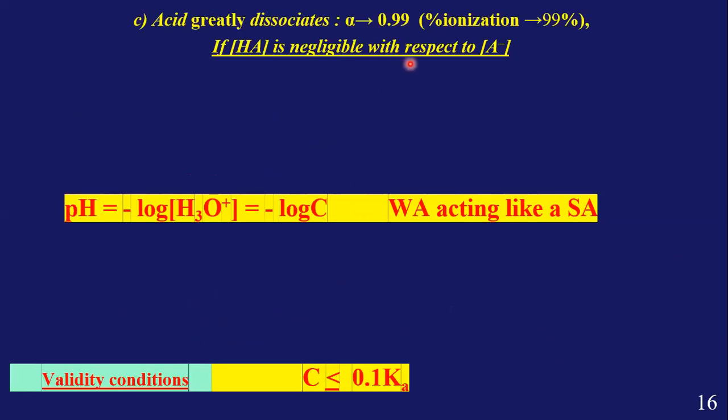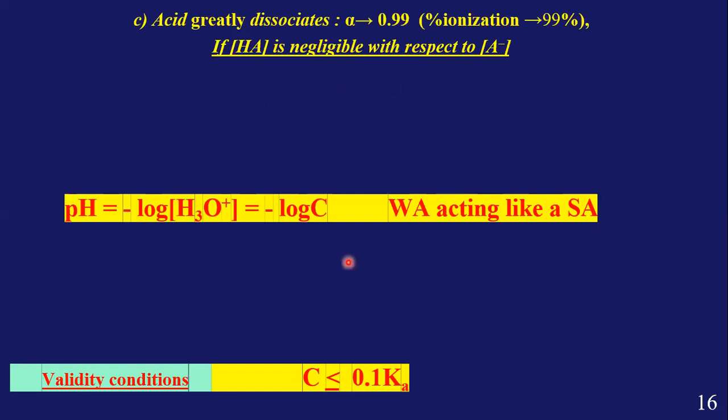Now, this is the third part. If HA is negligible with respect to A minus, this is an acid which dissociates greatly, where alpha is approaching 0.99 or the percent ionization is approaching 99%, which in other words is complete.